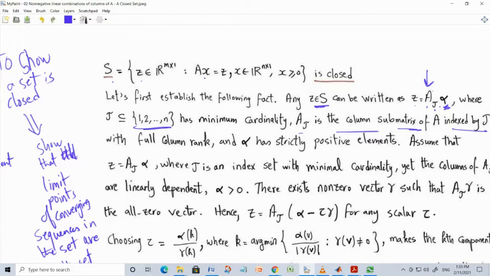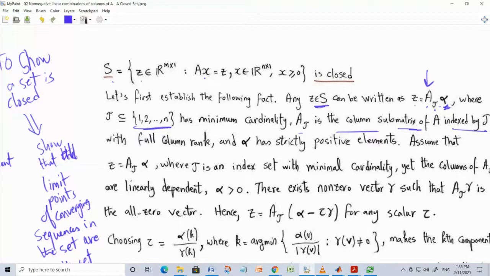Okay, so we want, again, this is a claim. It's not clear. What is clear is that if AX is equal to Z and there are zeros in X, you can get rid of the columns of A corresponding to the zeros.